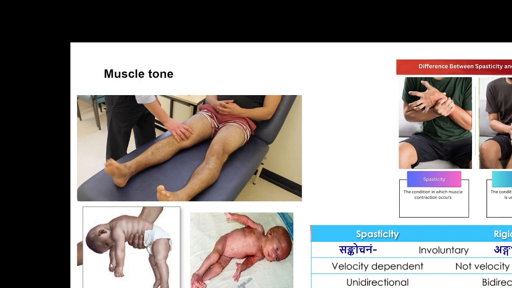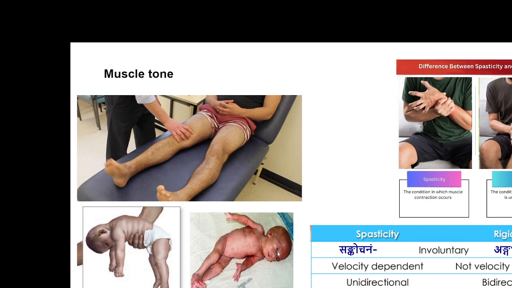Whereas when the muscles are flaccid or hypotonic, the body of the child may not be able to maintain the position, and it may just get bent as such, as you see in this picture. So, assessment of spasticity and rigidity, these are the two important variations which can occur in increased tone conditions.